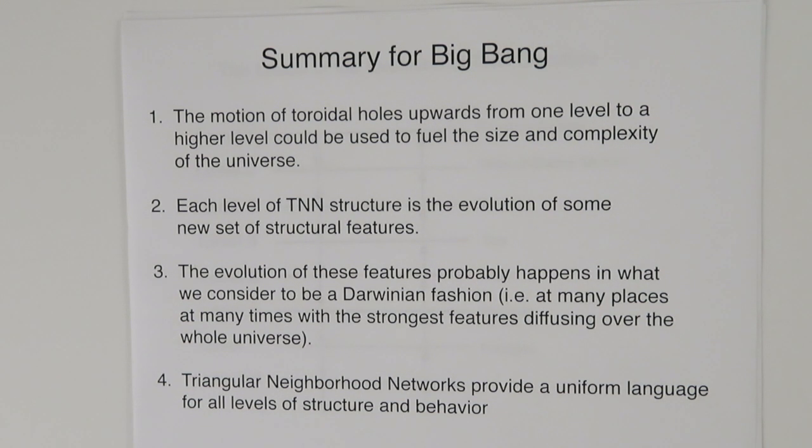The evolution of these features probably happens in what we consider to be a Darwinian fashion, that's to say, at many places and at many times, with the strongest features diffusing over the whole universe in time. The point to be made here, of course, is that the triangular neighborhood networks provide a uniform language for all levels of structure and behavior. And I think this is the real power of the idea that I've developed.